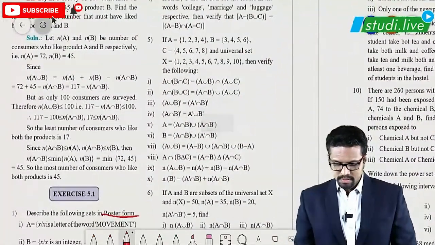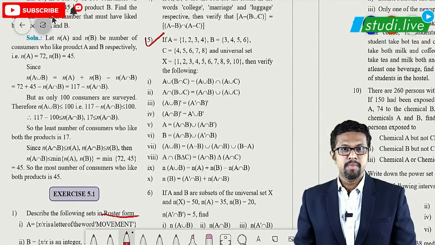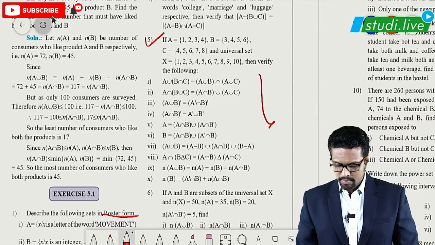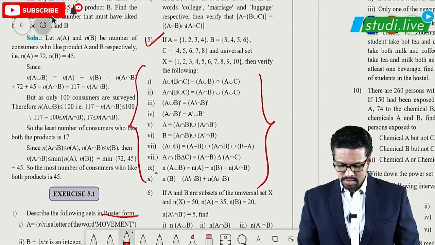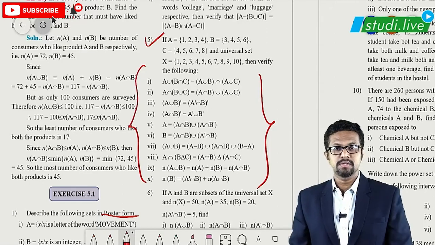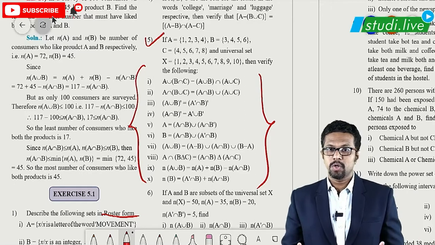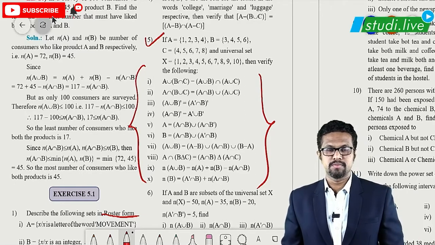Now in this, one important question is this question number 5. Many a times, since this contains many parts, some colleges have asked some parts of this question. Okay, so you can say that all the questions might not be asked in one single exam. Of course that is not possible.